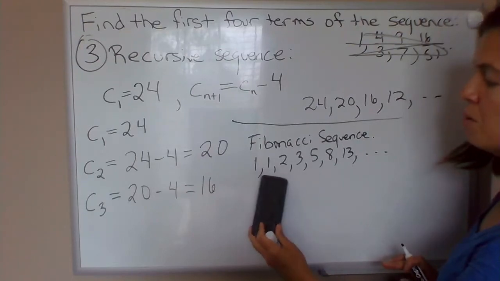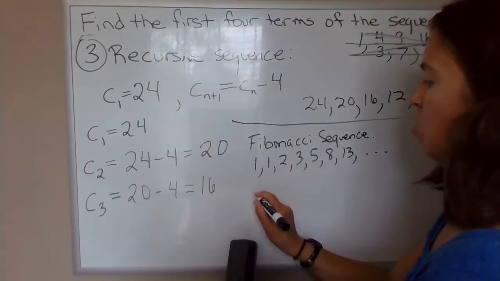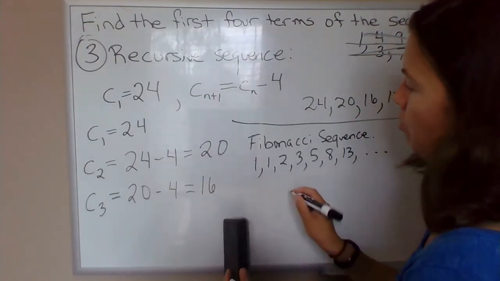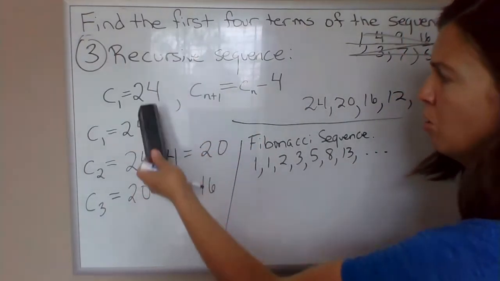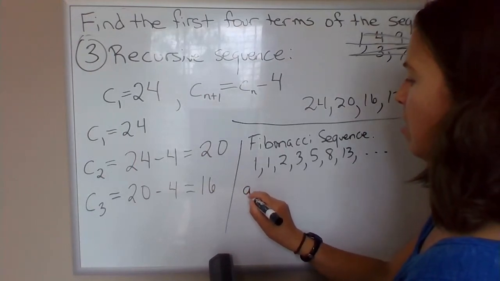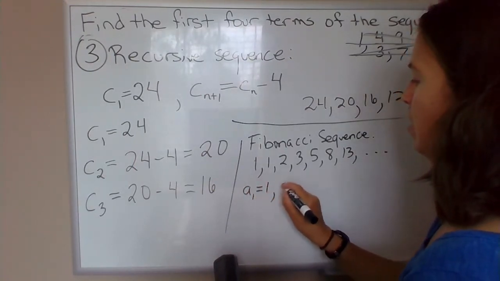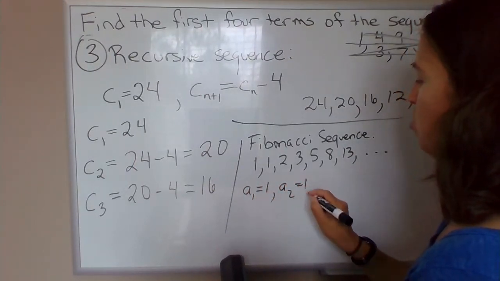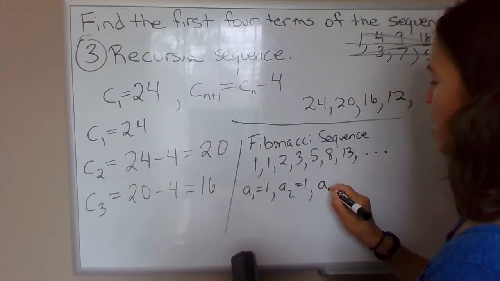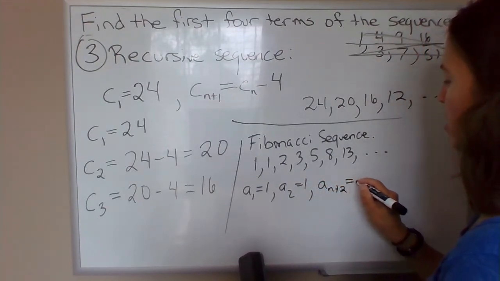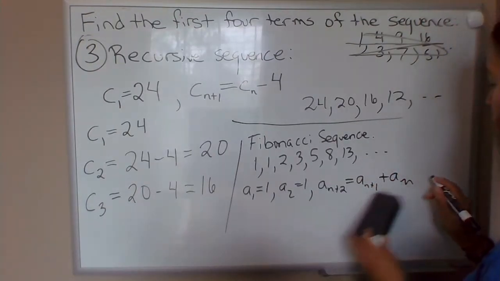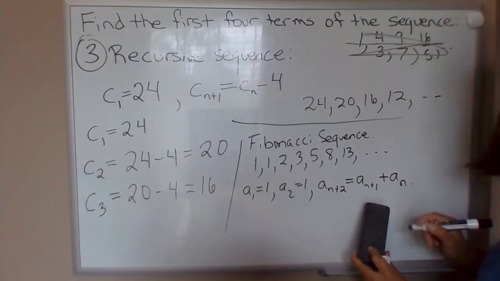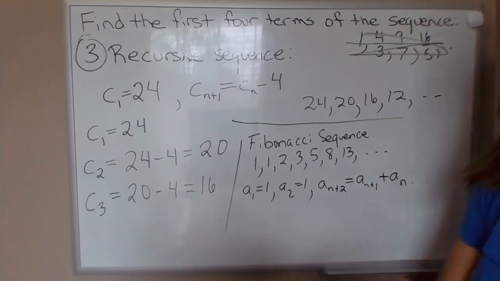Each term is the sum of the two preceding terms. So one way to express the Fibonacci sequence, if I wanted to write it similarly to the way I introduced this one, I could say a1 is 1, a2 is also 1, and a_(n+2) is equal to a_(n+1) plus a_n. Oops, this is an n. The sum of the two preceding terms.